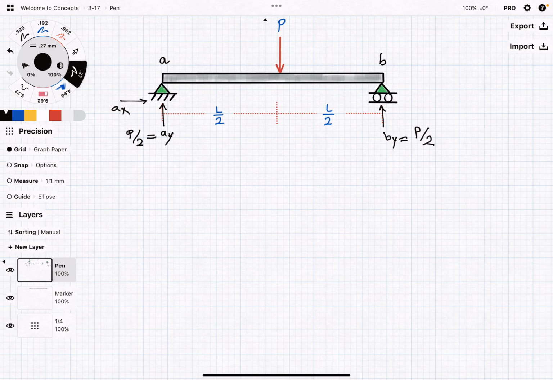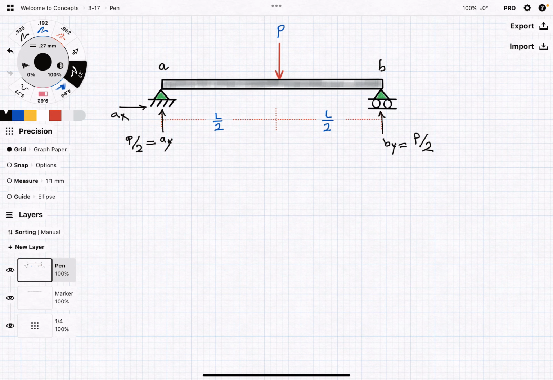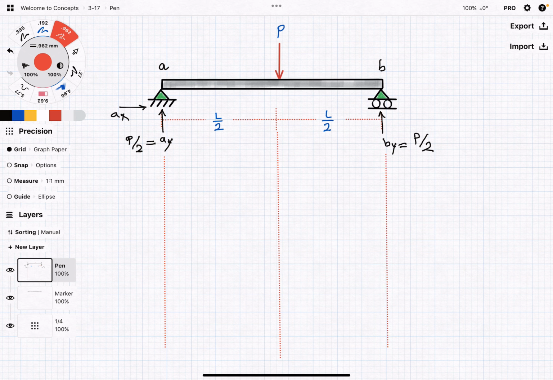The first necessary thing is that we should draw our guidelines. They are very important in drawing those shear force and moment diagrams. Let's say this is for shear and this is for moment.